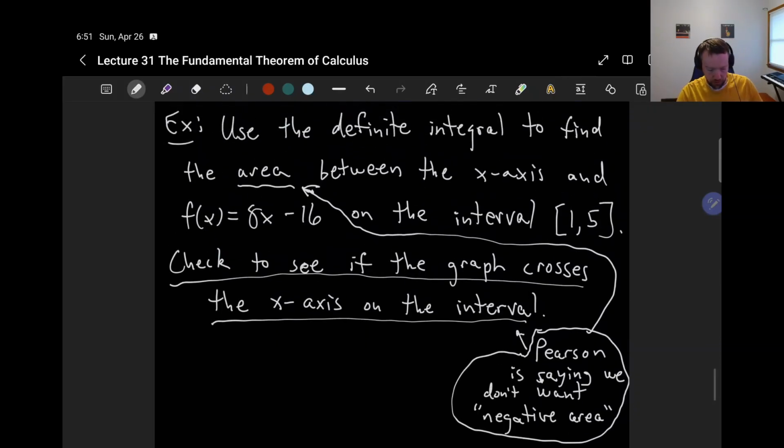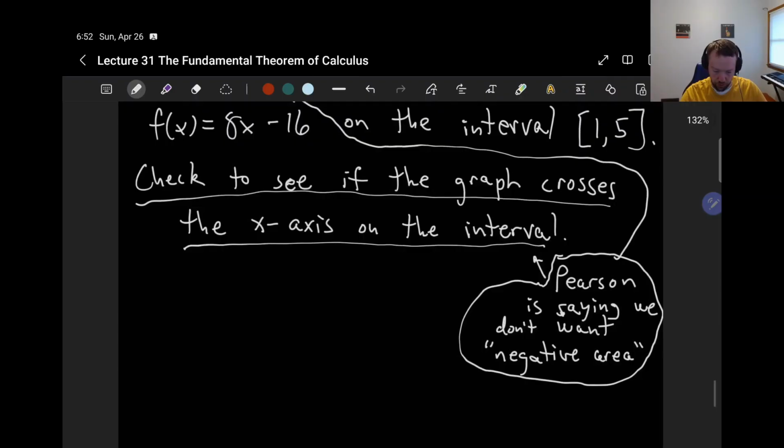All right, so first, we will do what this last part says. We're going to check to see if the graph crosses the x-axis on the interval, because that means that we're going to be crossing from negative to positive or vice versa somewhere.